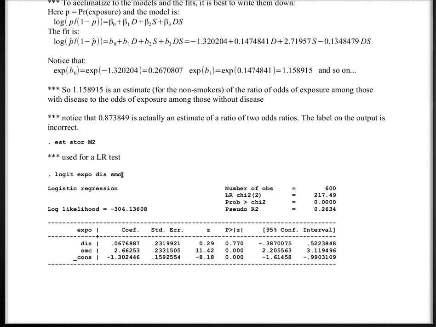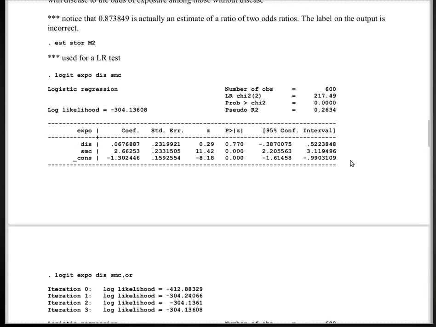Right. So we've got Model 1, which is the crude, Model 2, which was the model with 4 terms, and Model 3, which is the model with 3 terms. Okay. Right. What do we got?